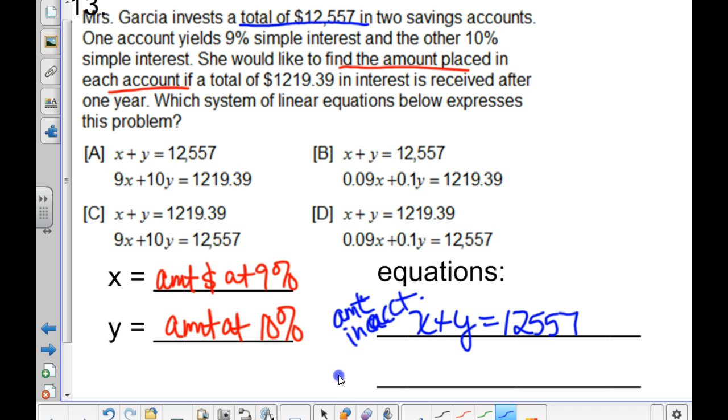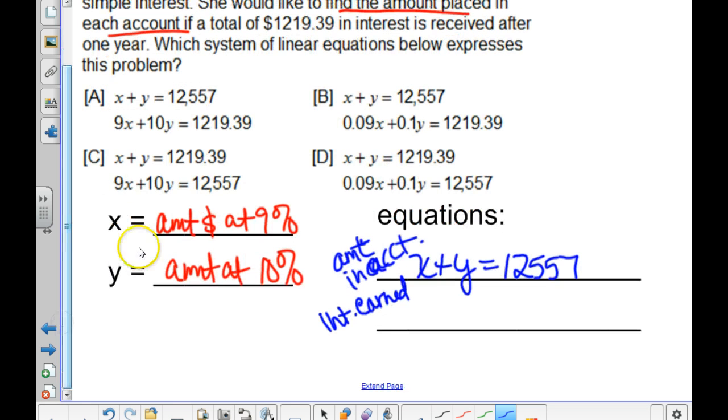There's another sentence that has to do with the interest she earns. Okay, what would that sentence look like? How much interest does she earn on this X dollars right here? Okay, 0.09 times X. How much interest does she earn on this Y amount?